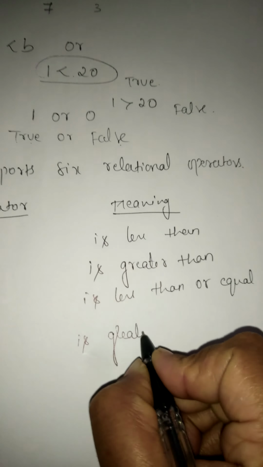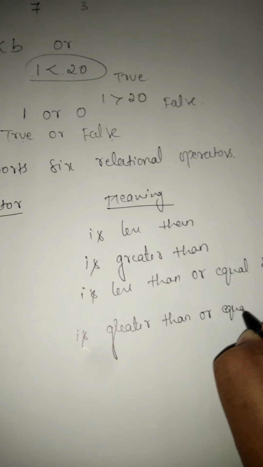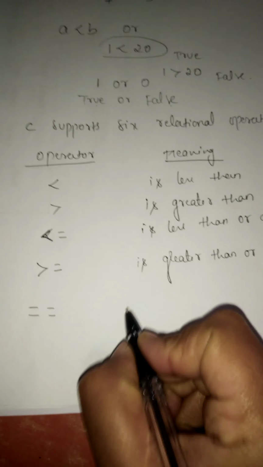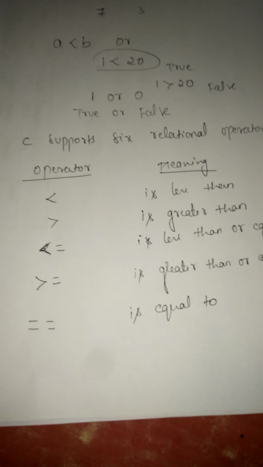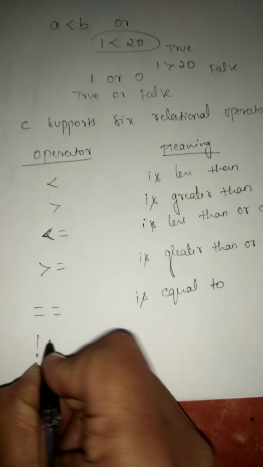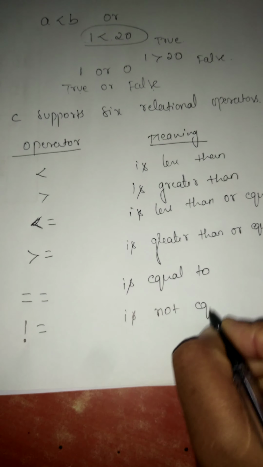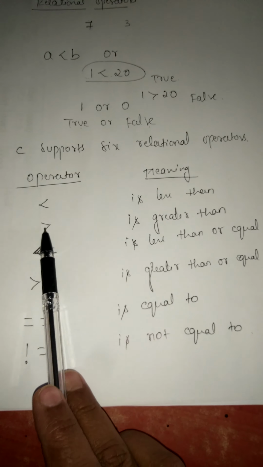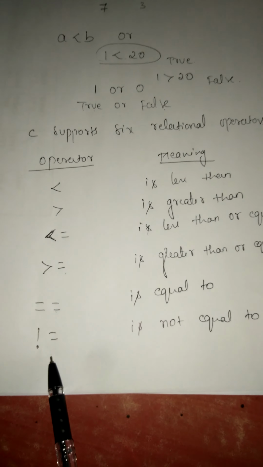Next, double equals, which is equal to. Then not equal, which is not equal to. These are the relational operators we have in a C program.